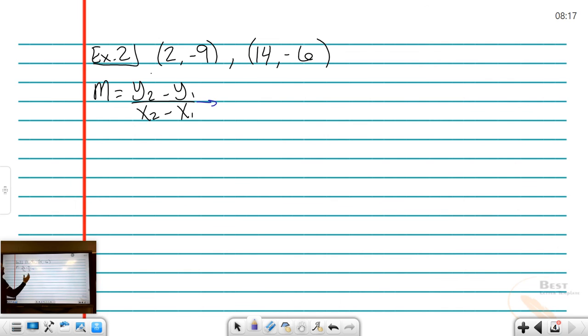So let's label our points, x1, y1, x2, y2, and we're just going to substitute and solve. So y2 is -6 minus y1, which is -9, over x2, which is 14, minus x1, which is 2. And then we're going to solve the numerator and denominator.